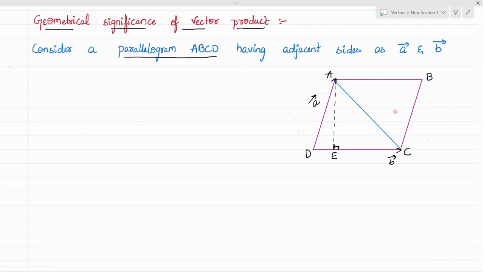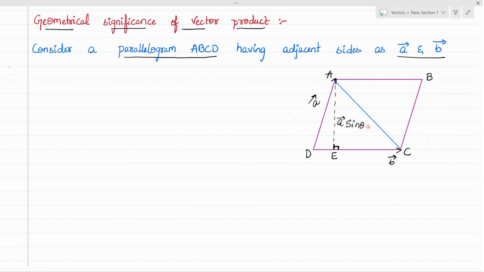So this is a parallelogram ABCD having adjacent sides as vector A and vector B. One of the sides is vector A and the other side is vector B. Similarly, its parallel sides are also vector A and vector B. So we know that to find the height, we need to draw a perpendicular from A to B vector, so that we'll get the height, that is A sine theta, right?